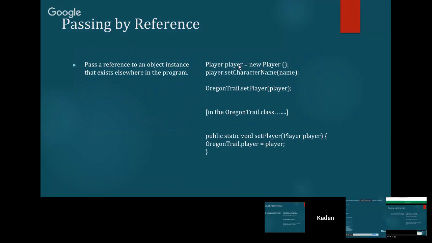And so then later down here in the set player function, it uses an instance of a class, and that's not a primitive value. That's an actual pointer to this instance that you declared up here. And so it's going to look over here, find out the information it needs for anything that it does in this function.